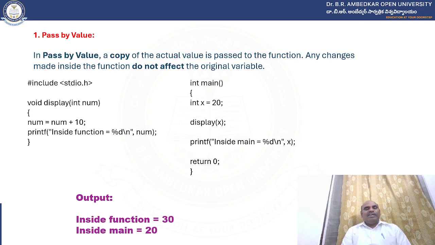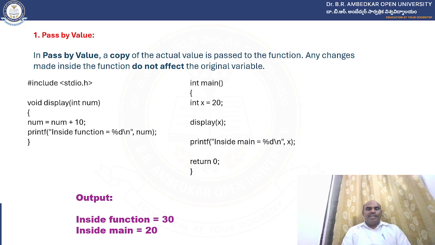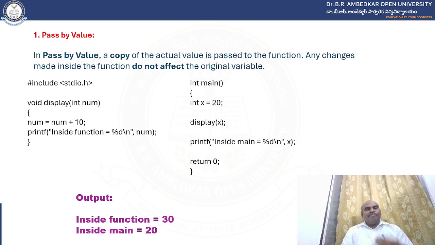That is called call by value. I think it is clear. Simply in one line: whatever changes we make inside of a function are not affected in the main function. That is call by value, the first category.